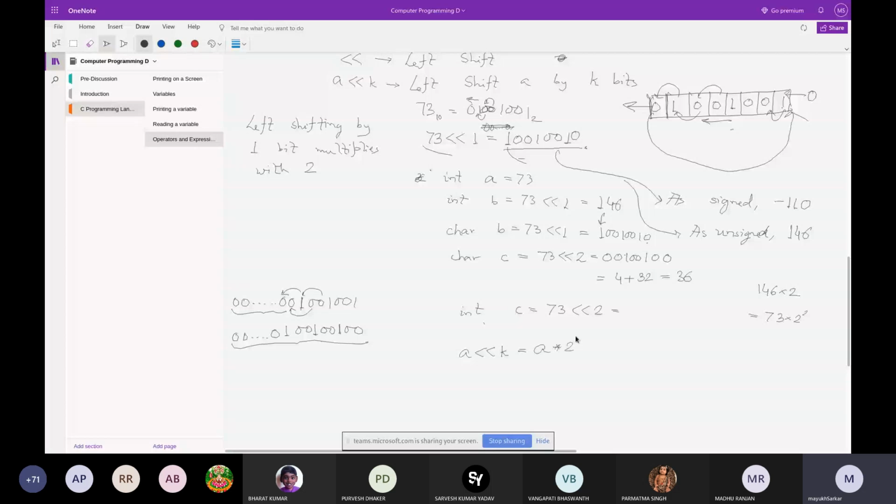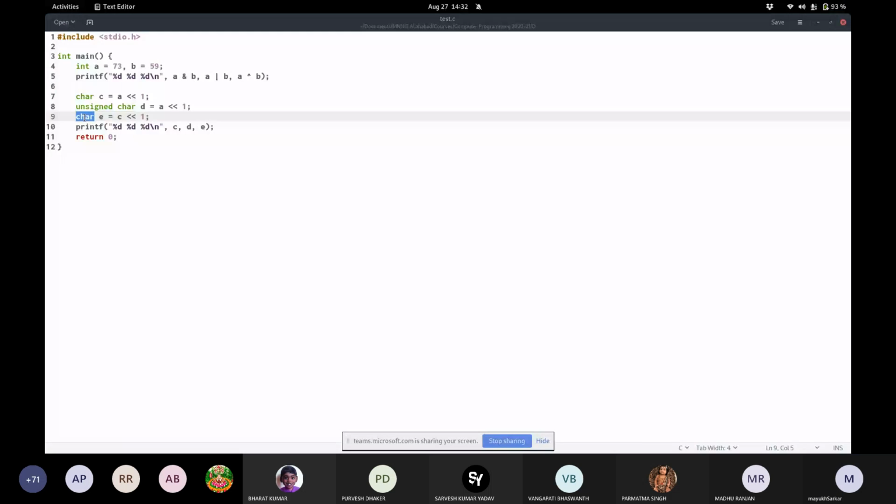If you take this into an int and left shift by 2, this time I'm not doing left shifting C by 1, because C has already chopped off all the bits from the first. So I'm just taking this int directly and shifting left by 2. What we'll get is 146 into 2, 292.